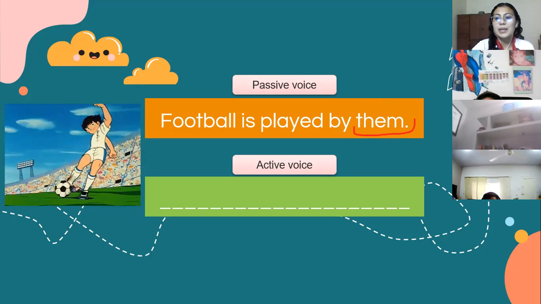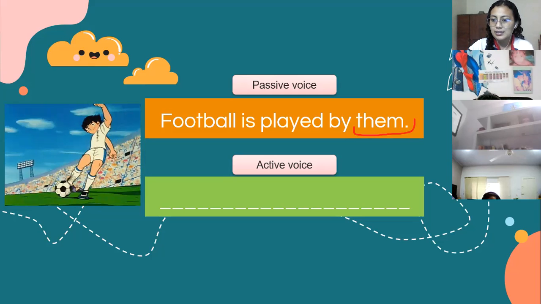I. Sí, excelente, Sofía. Muy bien. Si yo pongo her, H-E-R, ¿a qué sujeto estoy reemplazando? She. Muy bien, sí, excelente.